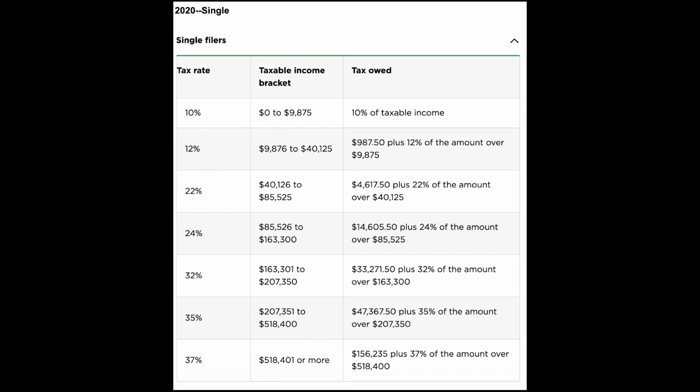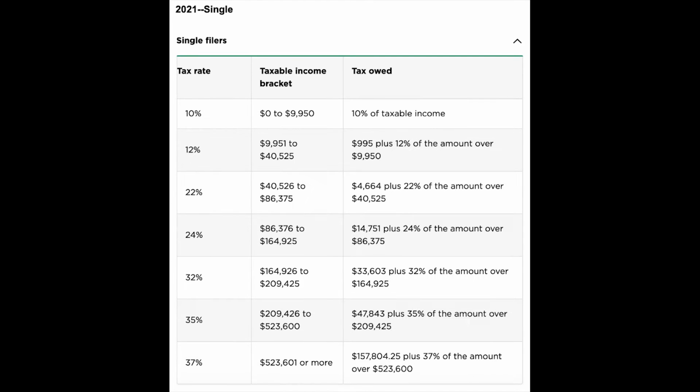The 22% bracket is $85,525. The 24% tax bracket is $163,300. The 32% tax bracket is up to $207,350. The 35% bracket is up to $518,400. And the 37% bracket is above and beyond that, $518,401.